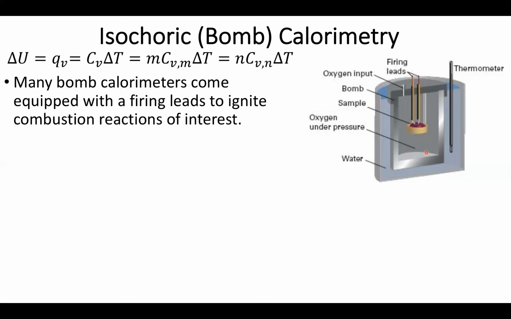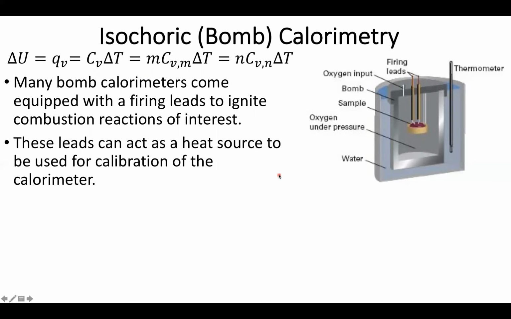But we can also use these leads as a heat source of known quantity, which can then be used to determine how much the temperature of our surroundings changes when exposed to a known amount of energy.